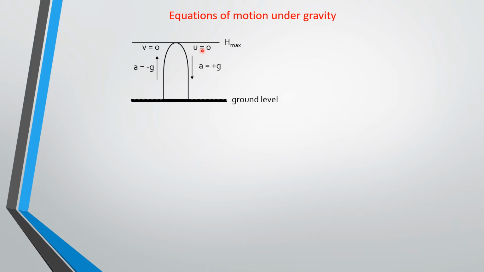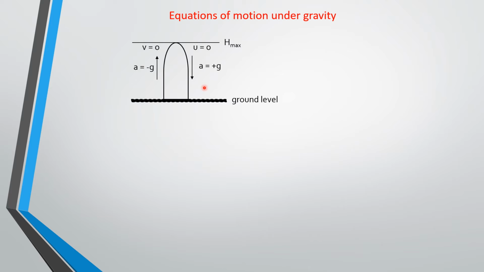Also at maximum height, when the body starts to come down, the initial velocity is equal to 0. You need to understand this simple concept so that when you are solving any problem, you will know what to apply. We'll look at some questions that apply to equations of motion under gravity.